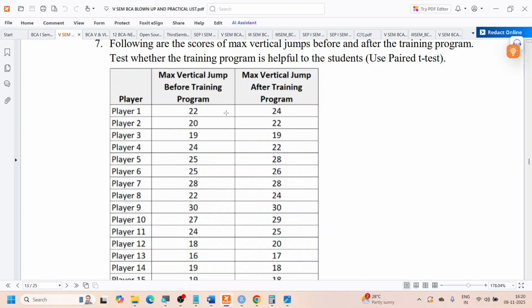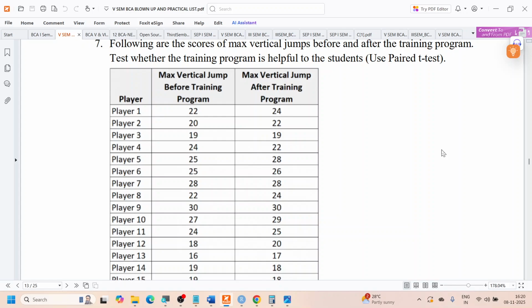They wanted to know whether, after giving the training, the students' maximum vertical jump has increased or remained the same. So whether the training was any help to them or has not helped them in getting the maximum vertical jump. So this is the question.